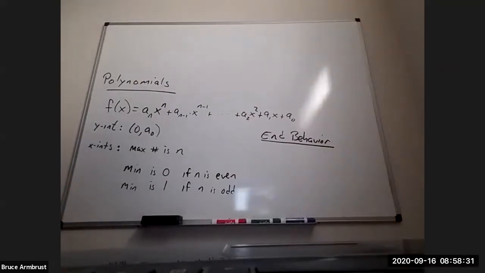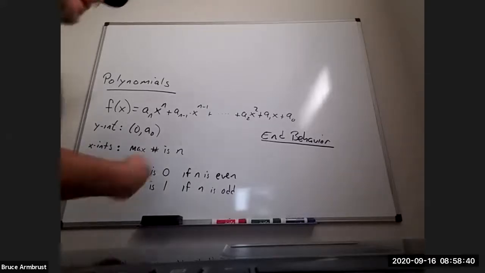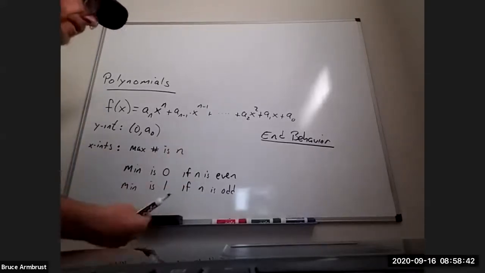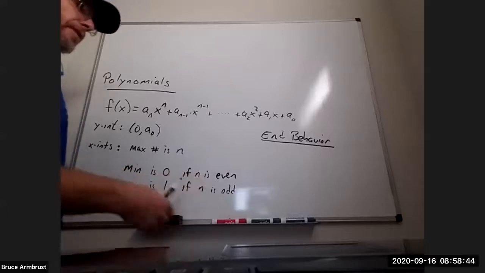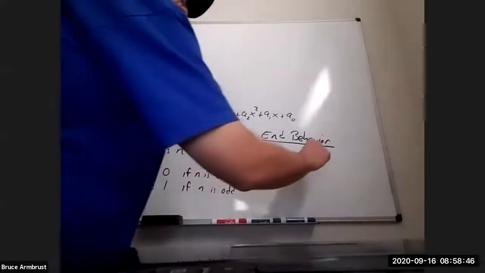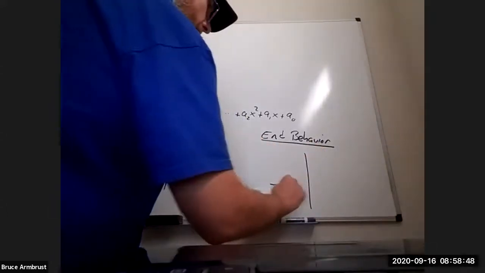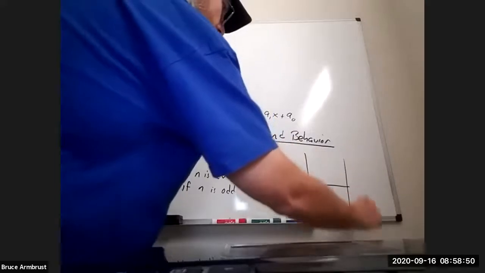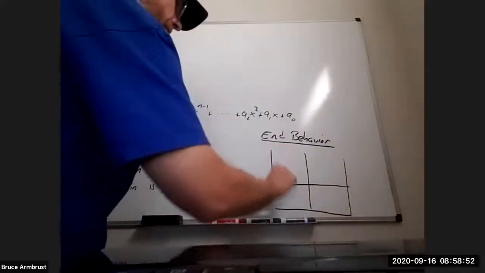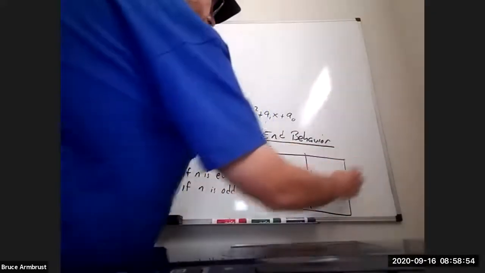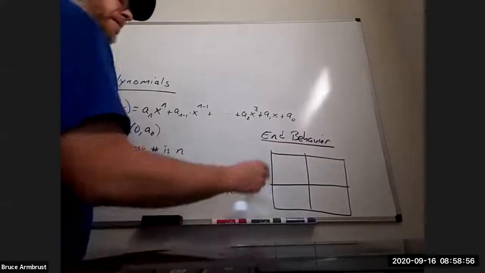So what I mean by end behavior is what's happening as we go towards infinity, either plus or minus. And again, it depends on whether you're even or odd. So I'm actually going to make 4 different pictures here for the corresponding possibilities.